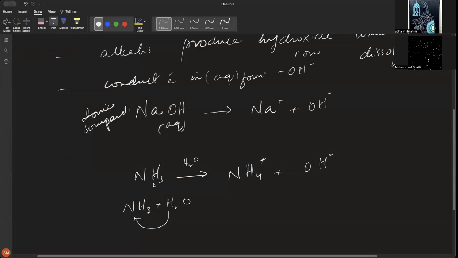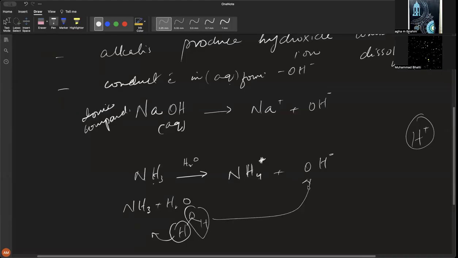So from 3 it has become 4 and it has gained a charge because one extra proton attached to it. Who are we calling proton? This hydrogen atom, because it only has one proton in it. So this H gets attached to ammonia and the rest of this becomes an ion like this. You get it?